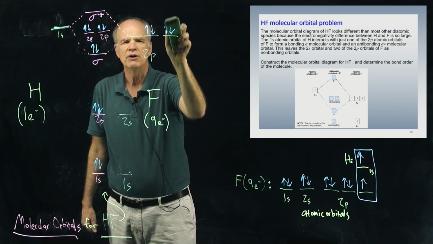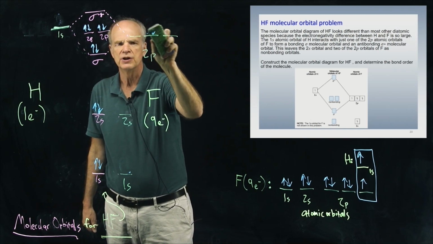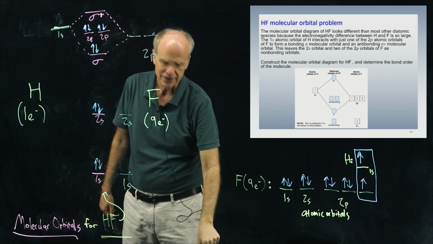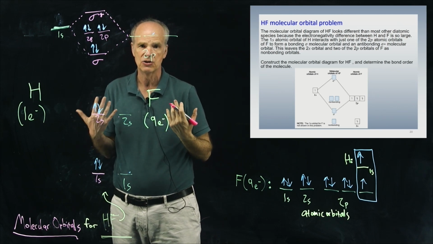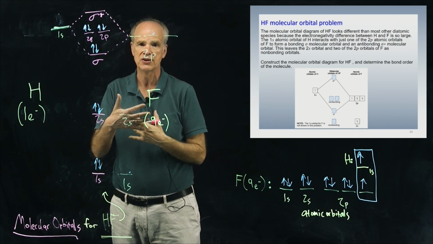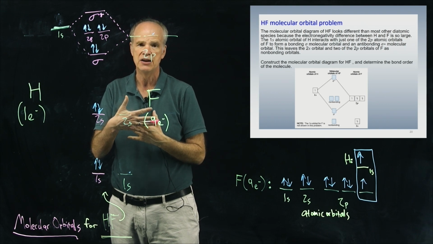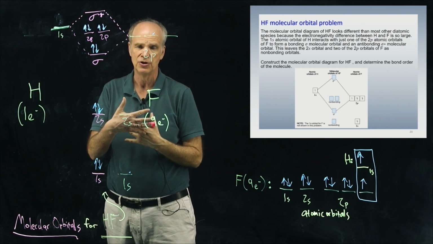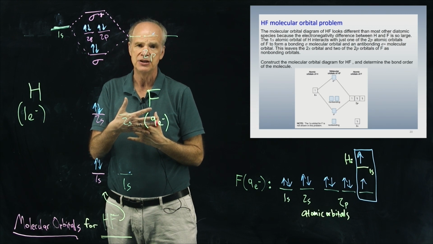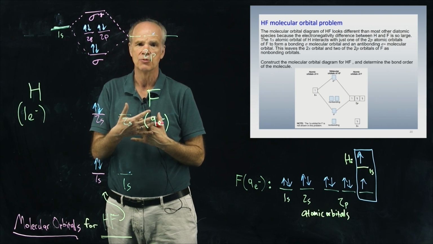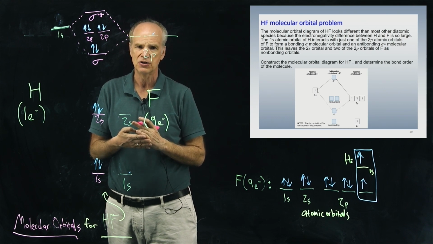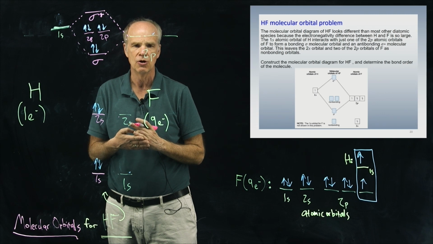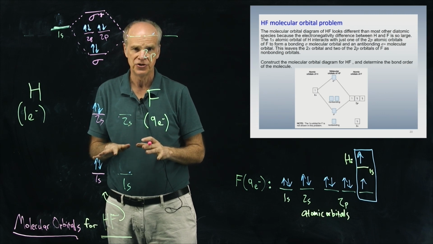All right, now I want to get into some vocabulary really quick. You know that when a pair of atomic orbitals form 2 molecular orbitals, the lowest energy one is called a bonding orbital, and the highest energy one is called an antibonding orbital. Now, what do you call atomic orbitals that are part of the molecule but are not molecular orbitals? We have several of those here, right?